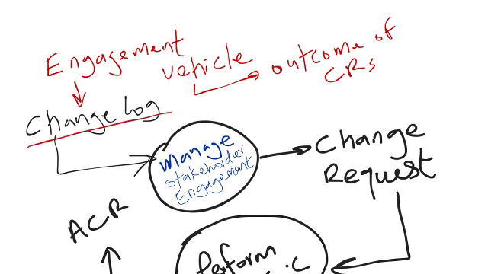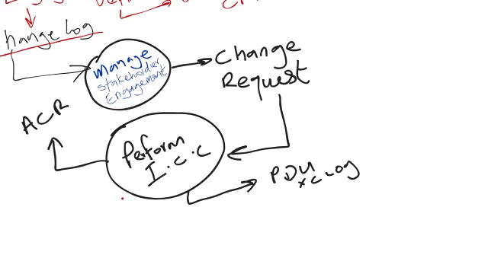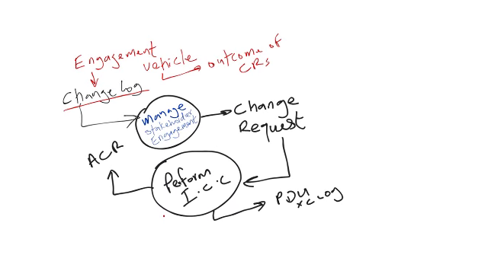That's why you've got your change log as a possible input. You want to engage those stakeholders. You want to let them know what the status of change requests are. And if any of those stakeholders ask the question, what is the status of my change request? Well, all the project manager needs to do is show the change log.